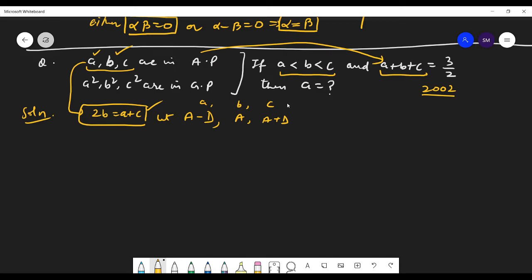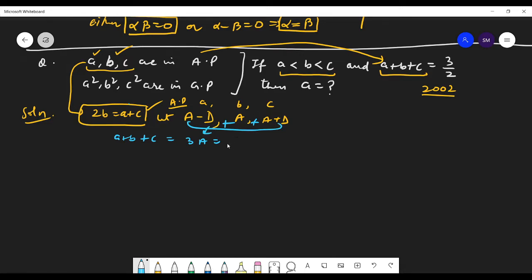So they are in AP, so you let these terms be this. Now the condition which is given to you: A plus B plus C. So what will it be? That's 3A. Adding these 3, what do you get?